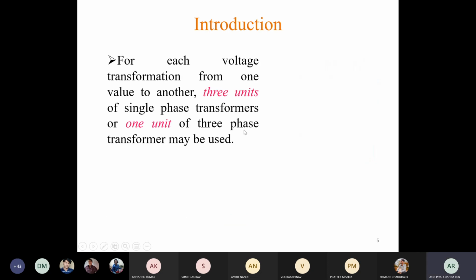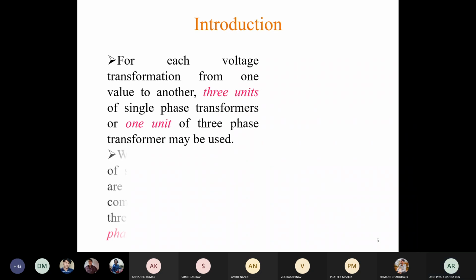so now three-phase transformer can be a single unit, or we can use 3 units of single phase transformers as a three-phase transformer bank. Okay, one three-phase transformer can be built, or we can use 3 identical transformers to act as a three-phase transformer.